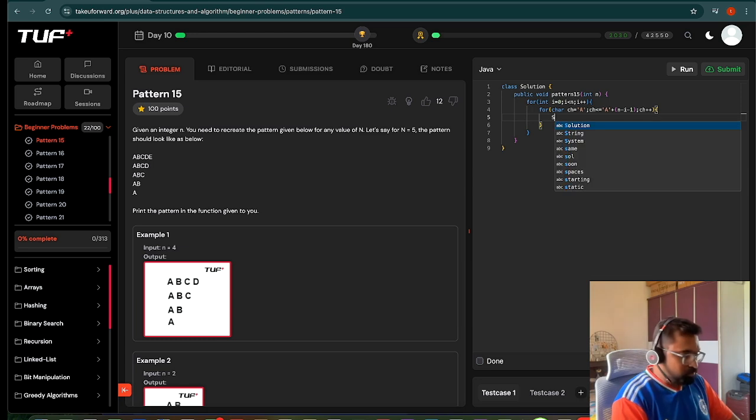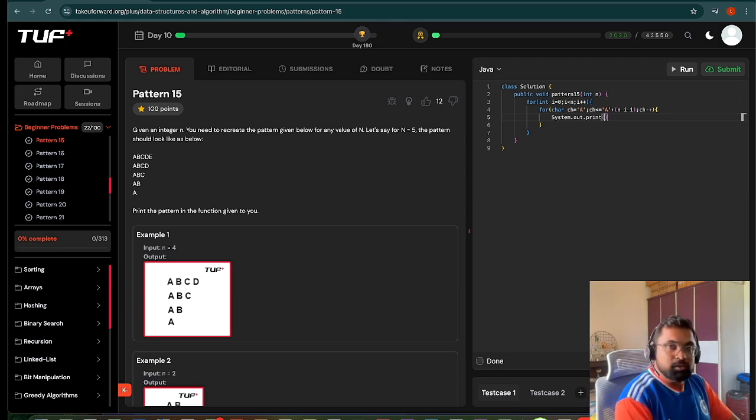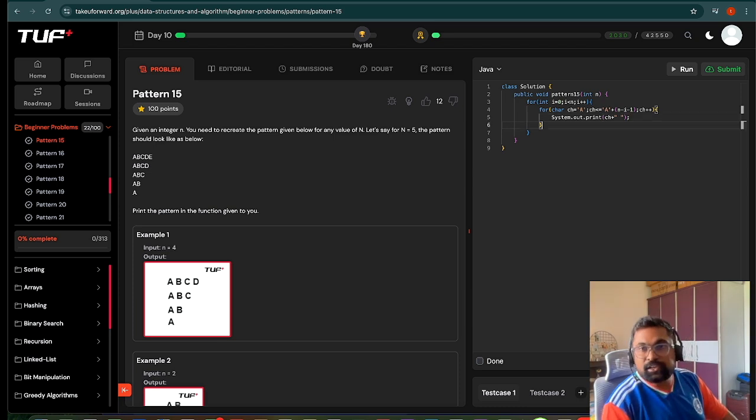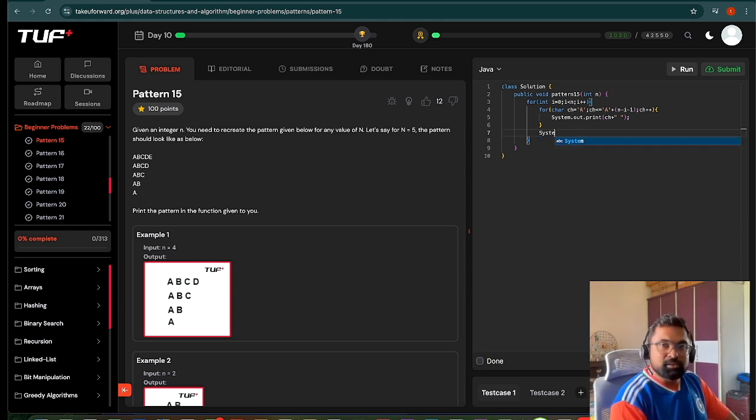Now inside that, System.out.print of ch, and since there is a space after every character, add that space also. Last time we encountered some errors around that. Then before closing the outer loop, we'll do a line break, System.out.println.